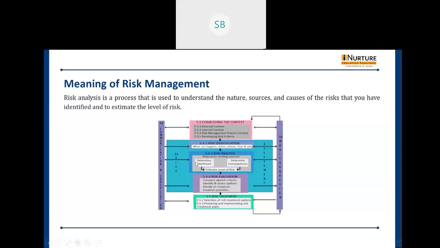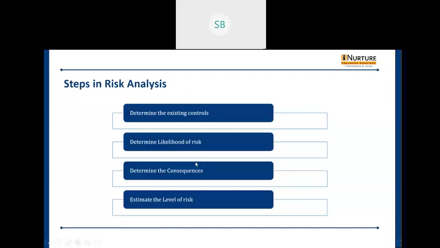Now let's check. First is determining the existing controls. We have to find out the procedures for handling the risk. As I told you, you have to think about how you will reduce the impact of the risk. So you have to think of the procedures and controls that need to be taken by the organization for handling the risk.